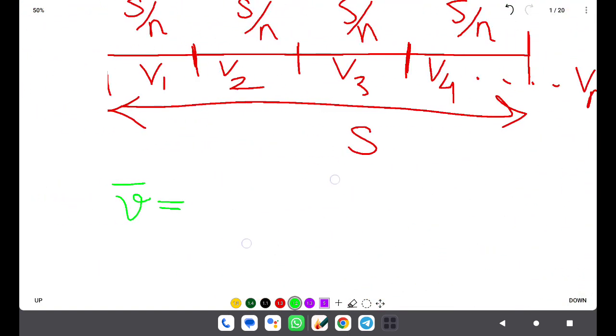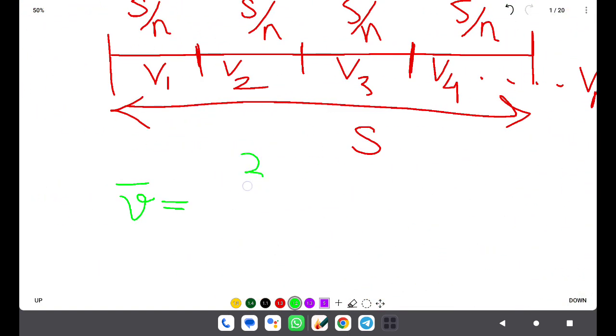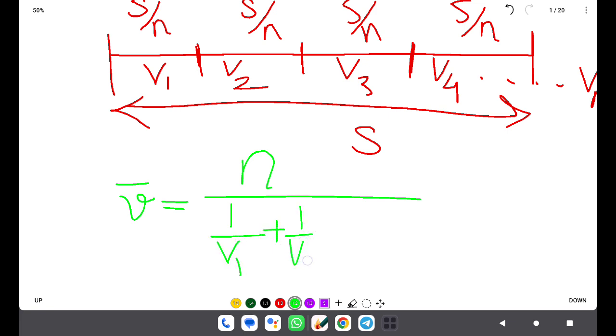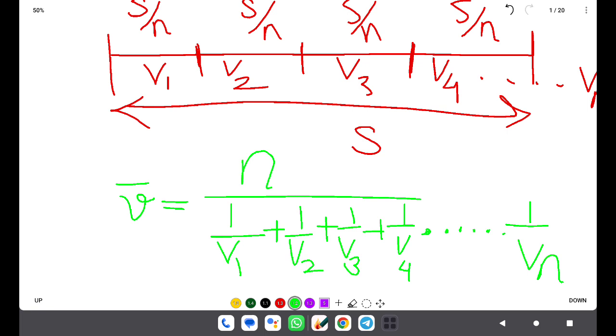In place of 3, you put n. So V mean is n by 1 by v1 plus 1 by v2 plus 1 by v3 plus 1 by v4, and so on up to 1 by vn. So this will be a general formula.